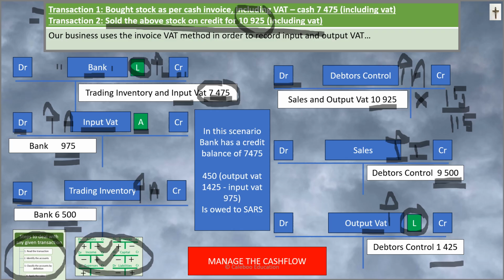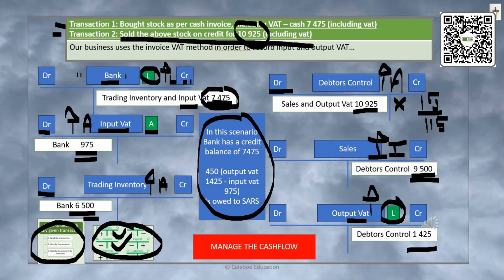So now we are sitting with this situation. This is the situation. I've taken a screenshot from the previous slide. Bank has a credit balance. That means we're in overdraft.